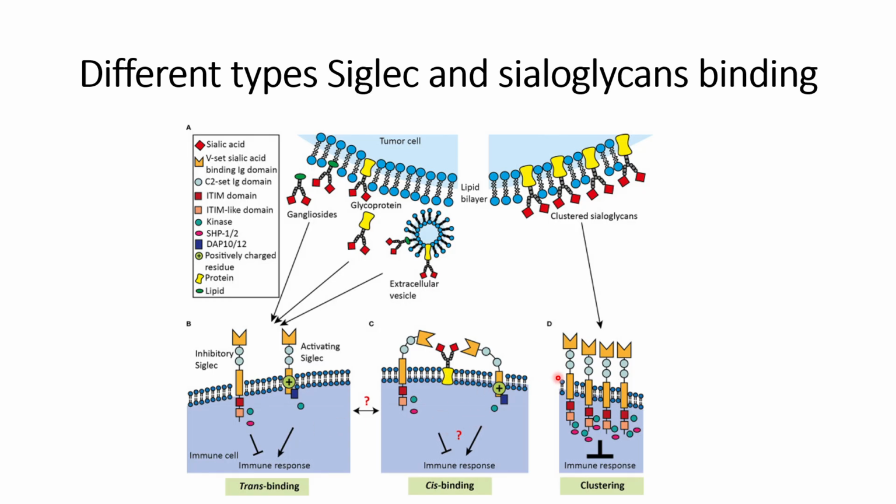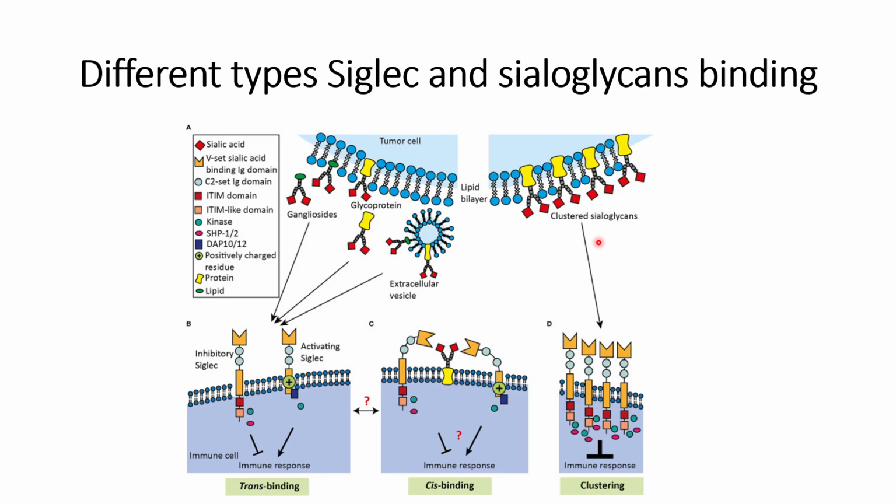The third type of interaction is called the clustering interaction. In the tumor cells, it is very common that a cluster of Sialoglycans is formed, because, as we have seen, in most cases oversialylation occurs in tumor cells.